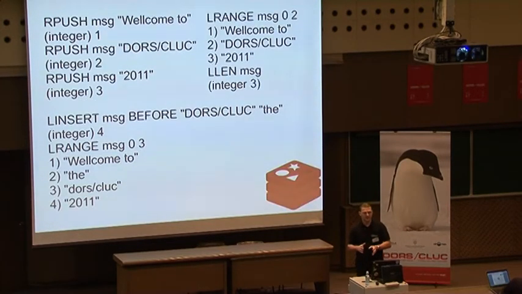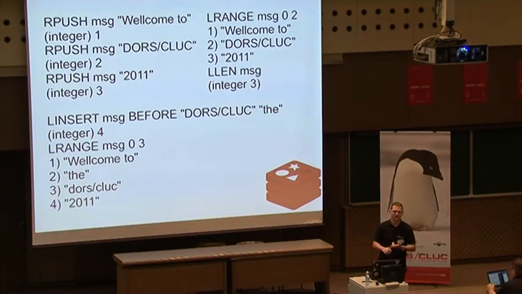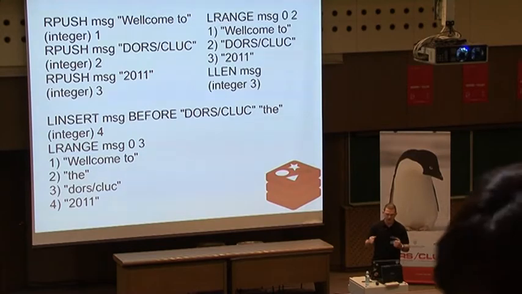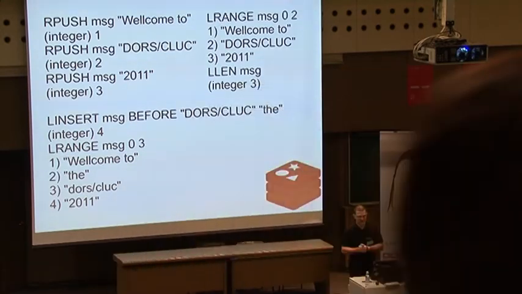The Redis lists are something like simple arrays. So what you get is you can push, you can pull from the array. You can have right or left push, and getting information from the array is actually implemented with range.